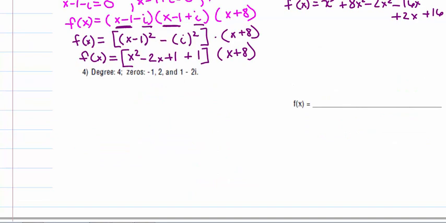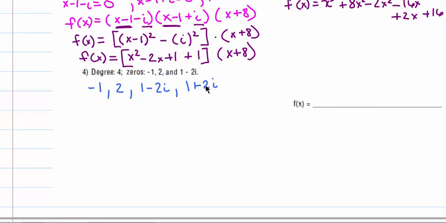Number 4, degree 4, zeros negative 1, 2, and 1 minus 2i. So I have negative 1, 2, 1 minus 2i, which then means I have 1 plus 2i.